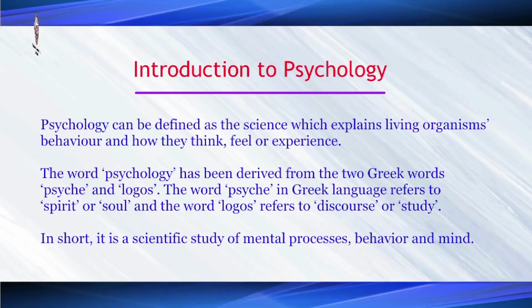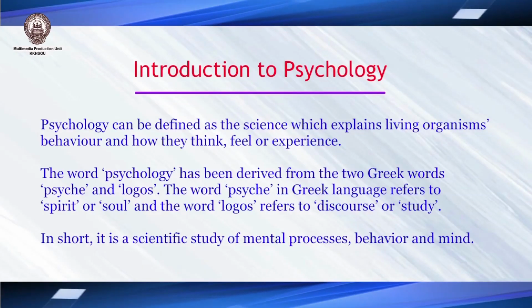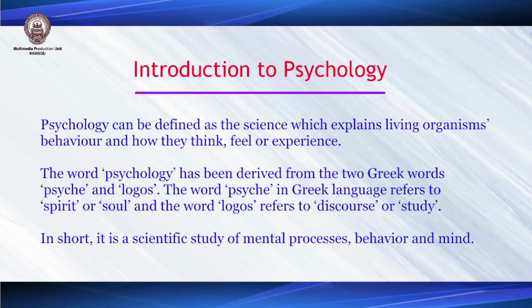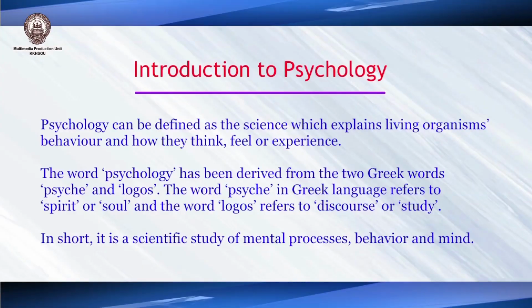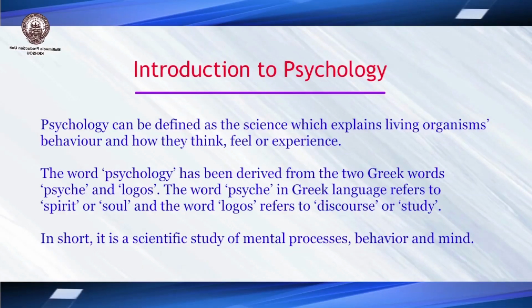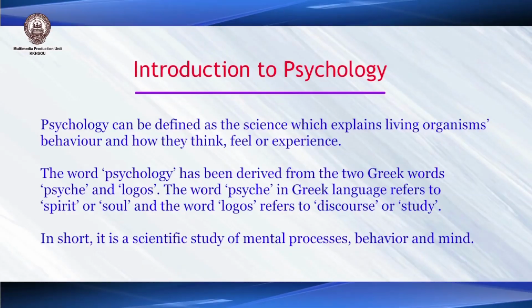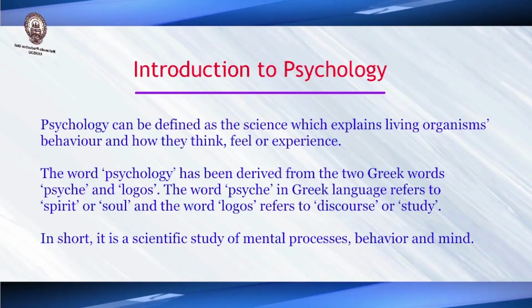Therefore, the term psychology is mainly adopted from two Greek words. The first word is psyche, which means the soul, and logos, which means a discourse or a study. So basically it means the study of the mind. Therefore, the word psychology means the scientific study of mental processes, behavior, and the mind.